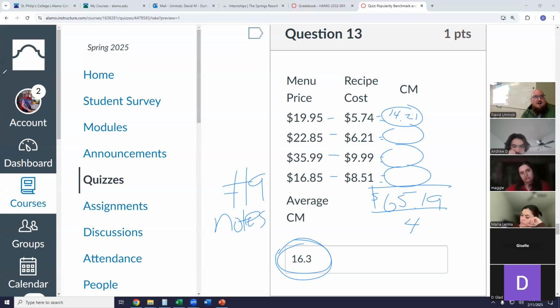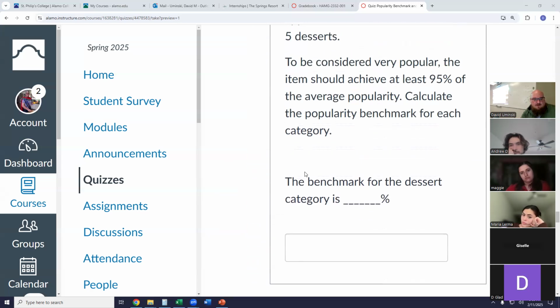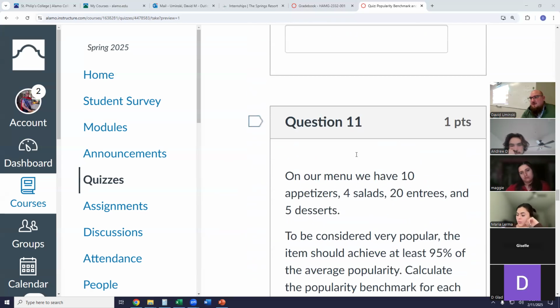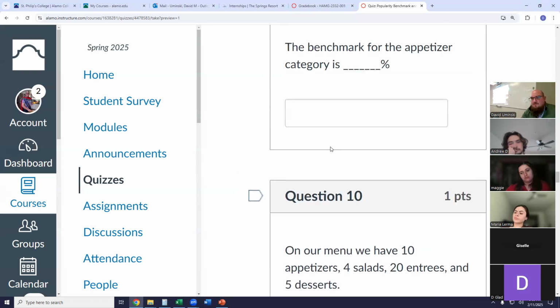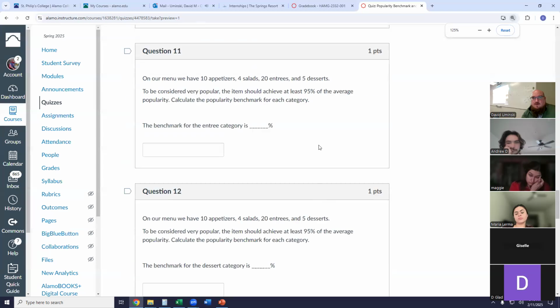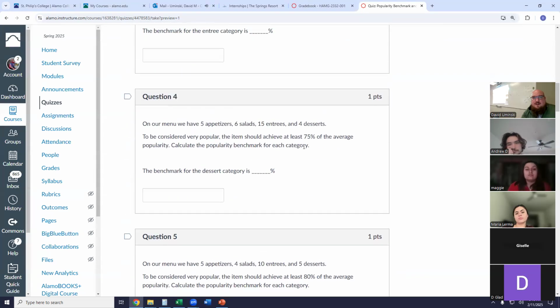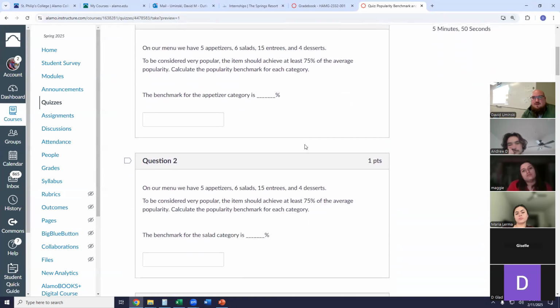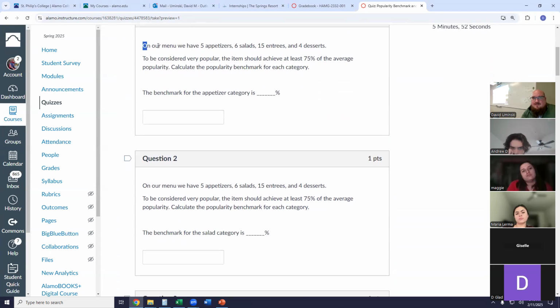All right, now let's look at the popularity benchmark. That's number 10. So for our popularity benchmarks, you'll notice these numbers: 5 appetizers, 6 salad, 15 entrees, and 4 desserts.